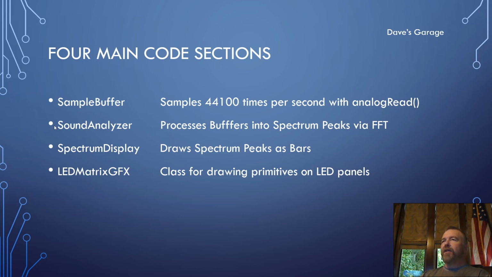It runs an FFT and some other math on those samples to produce a set of peaks in each of the bands. That is in turn handed to the spectrum display class, which draws those peaks as bars and does the decay and the little white lines and so on. And it does all that using the LED matrix graphics class, which is our class for drawing primitives, lines, text, and so on the LED panels. Those 4 pieces are what it takes to make up the spectrum analyzer.